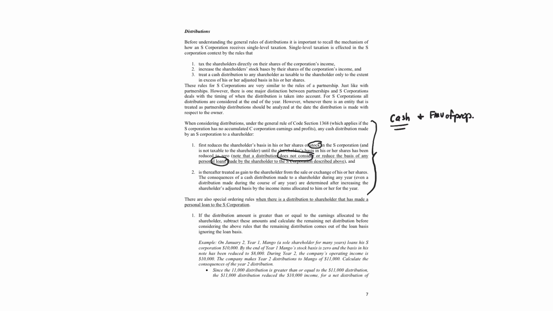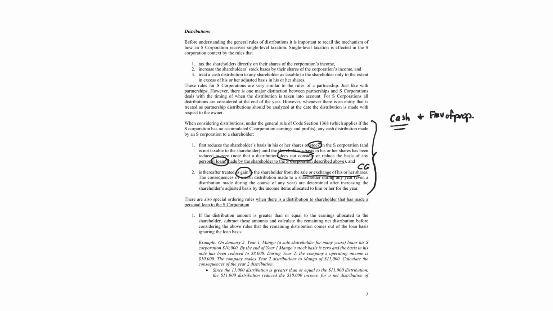If there's any basis in the loan, we have to ignore it. But there are some quirky rules, so you'll see it might affect things. After that, if we use up all the basis in the stock, then we're going to have gain with respect to the sale or exchange of shares. So that's going to be capital gain, long-term or short-term, depending on how long you hold your stock. So there are some special rules to consider.